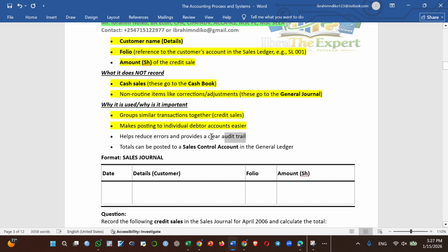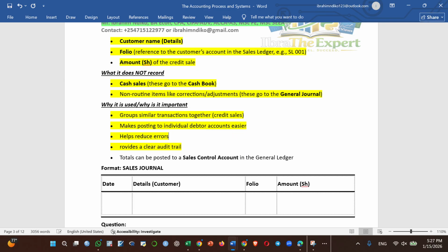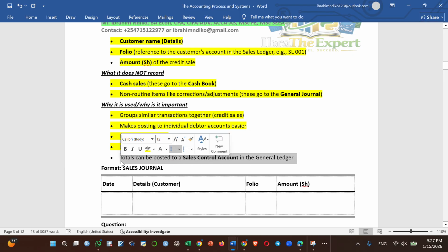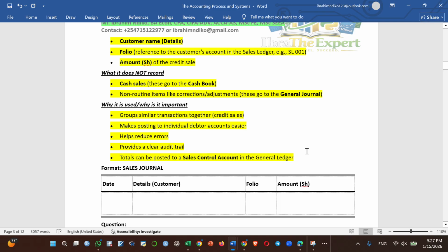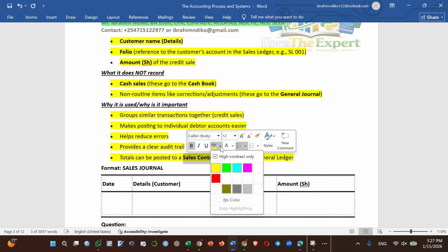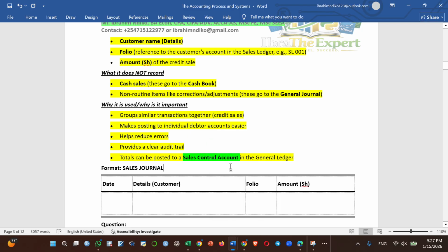Then it assists us in reducing errors while posting, and it also assists in the audit trail. So when the auditors are there to audit these accounts, they can easily follow up. And then lastly, it assists us to determine total credit sales for the sales control account.